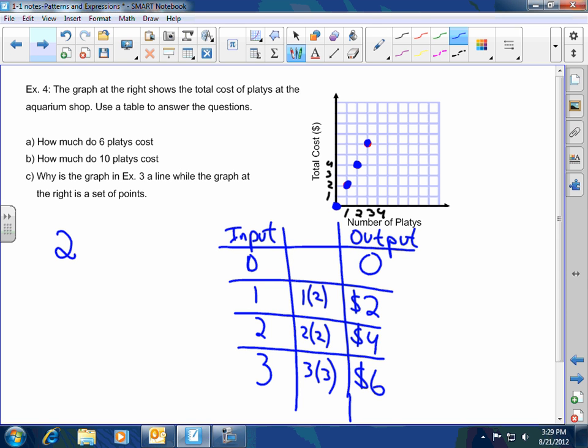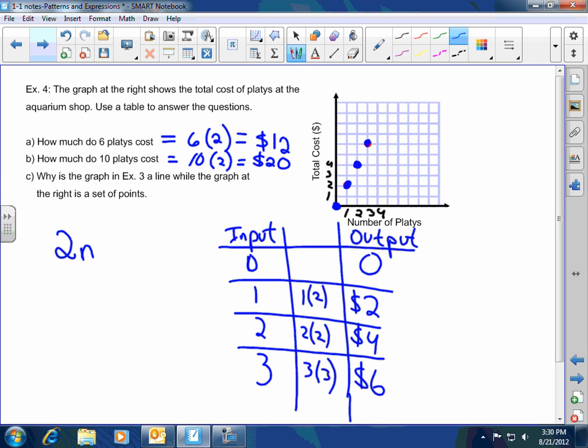It's $2 for every plat, or input, that you buy. So how much do 6 plats cost? That's going to be 6 times 2, which is $12. How much do 10 plats cost? Well, that's going to be 10 times 2, which is $20.